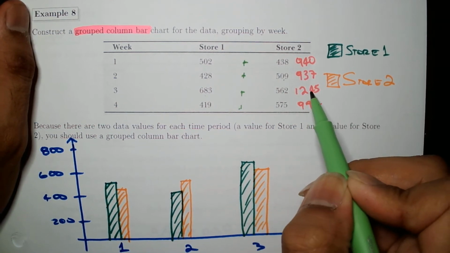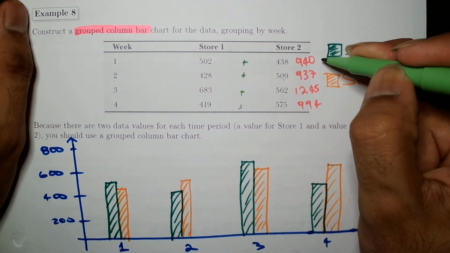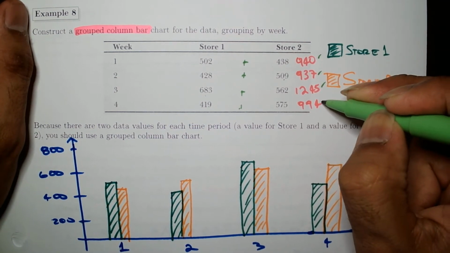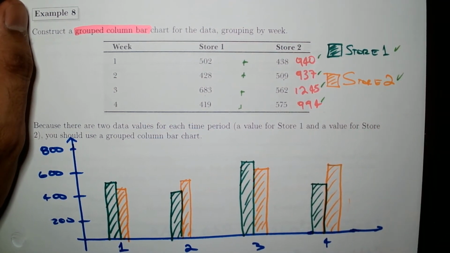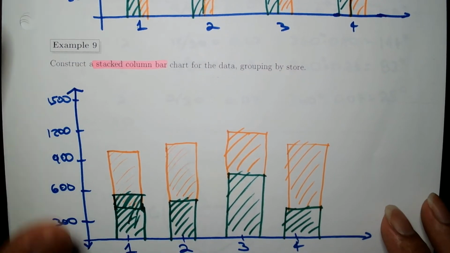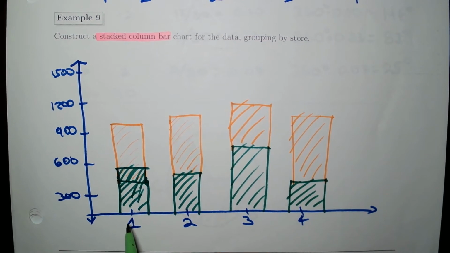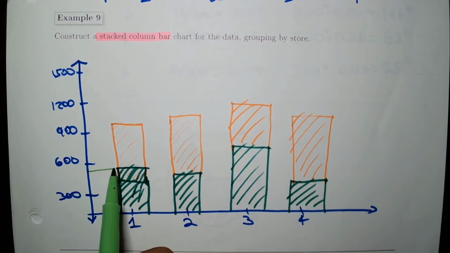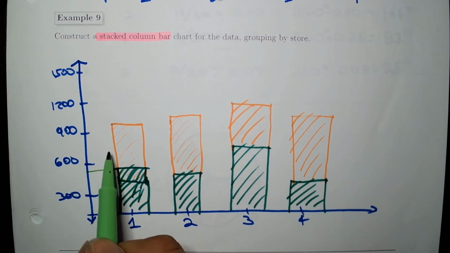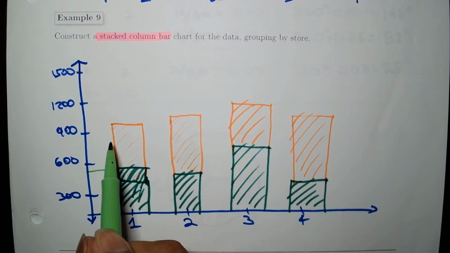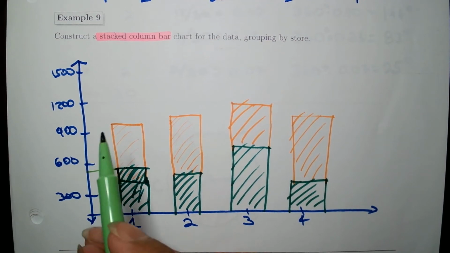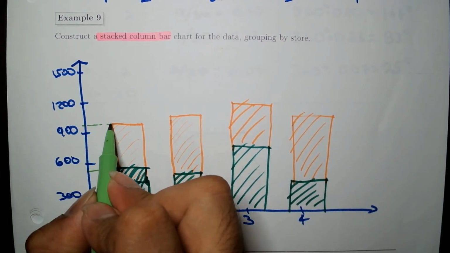So we have the totals to have an idea of how high each bar, combining the two, green and orange, is going to be. For example, in the first bar for week 1, store 1 sold 502, which is right here, and store 2 sold an additional 438, totaling 940, which is roughly represented here.